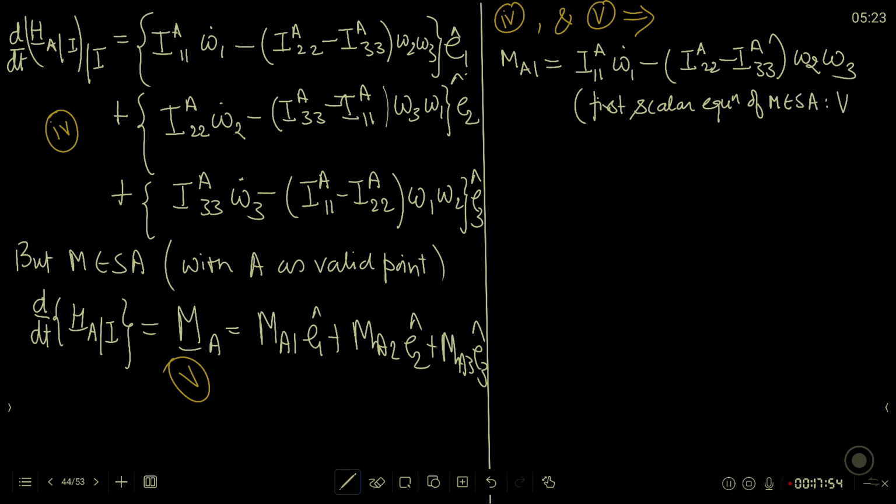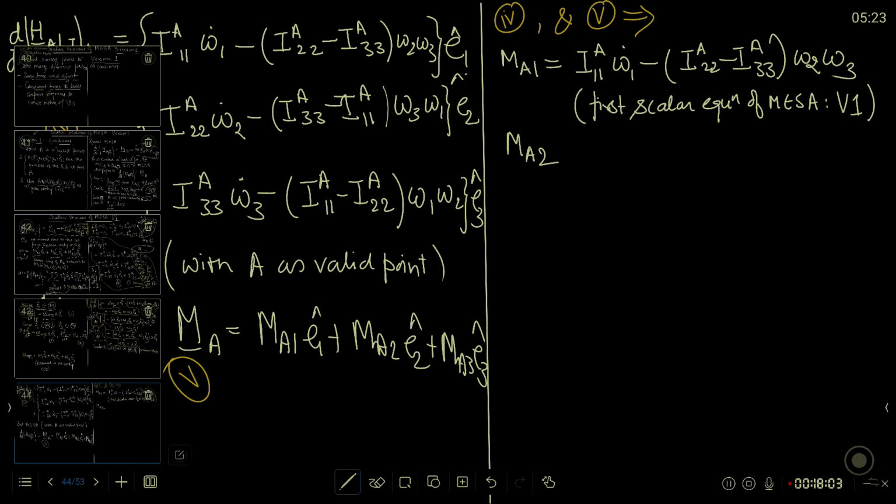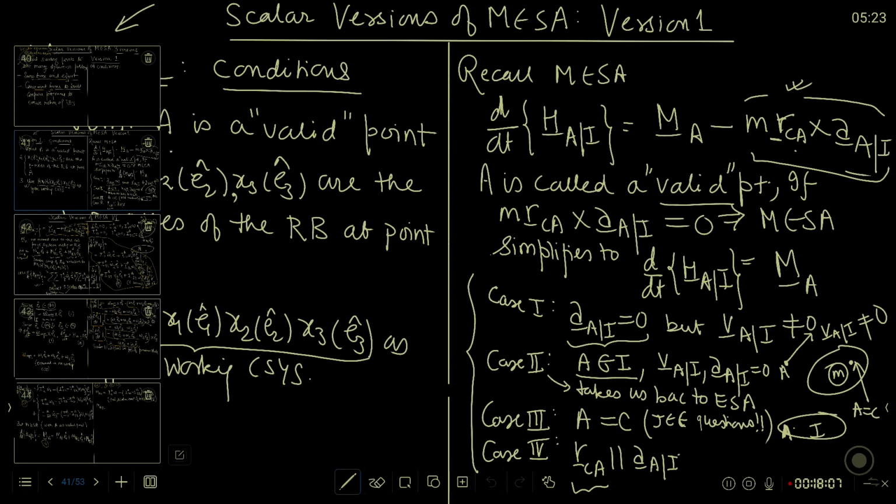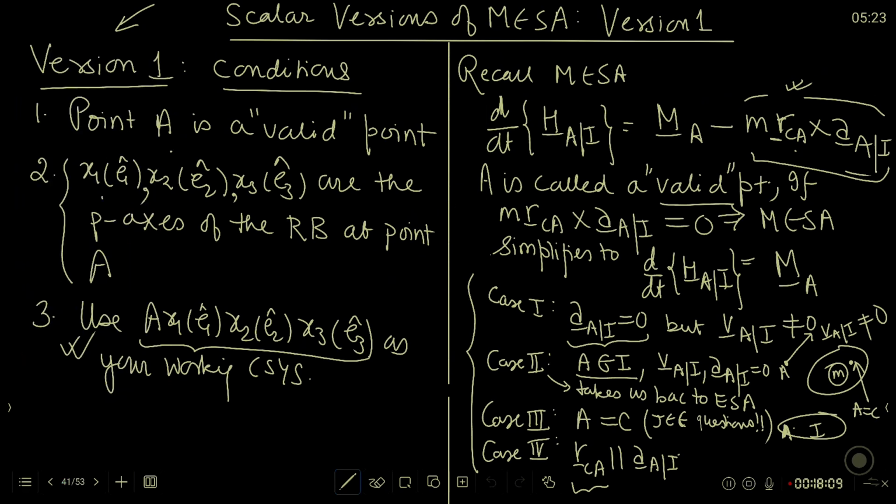Please remind yourself what I mean by version 1. By version 1 I mean these 3 conditions are applicable. Point A is a valid point. The 3 axes of the working coordinate system are the principal axes, and we are using a working coordinate system which is A, x1, x2, x3. These 3 conditions make what I called version 1.